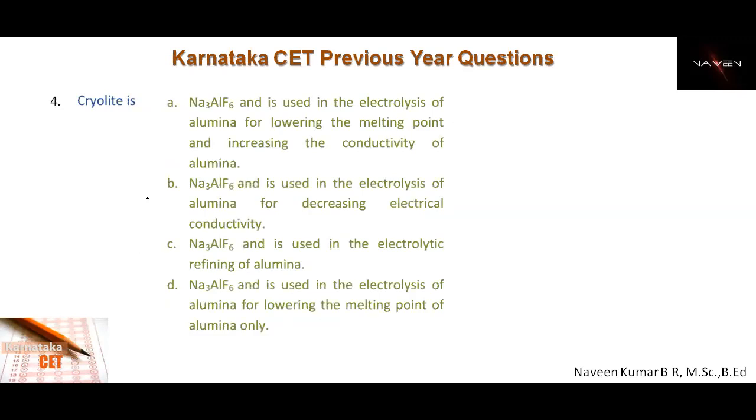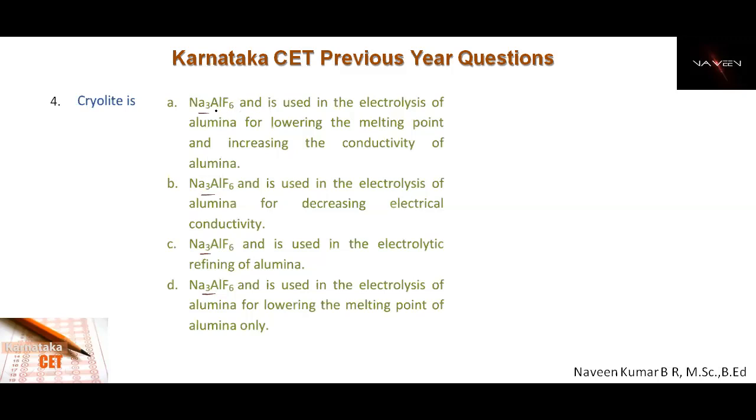Cryolite is. So we need to identify which is the cryolite and its related use. We know that cryolite is Na3AlF6. All the options give the same chemical formula, hence with respect to formula all options are correct. We need to analyze the explanation of the use given in each option.